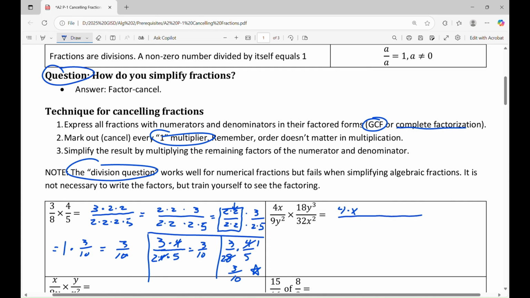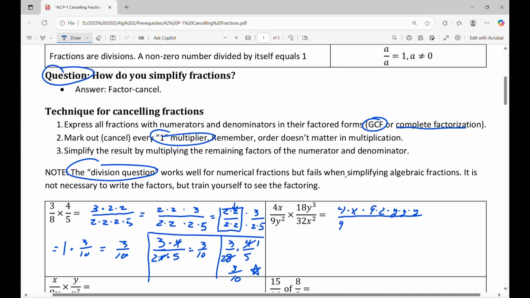But instead of calling that an 18, 3 times a 3 times a 2, I'm going to call it a 9 times a 2. So a 9 times a 2 makes the 18. Y to the third, by definition, the exponent tells you how many factors of the base you have. I have 3 factors of y. So I'm going to go ahead and write that as a y times a y times a y. Then on the bottom, I'm going to leave the 9 as a 9.